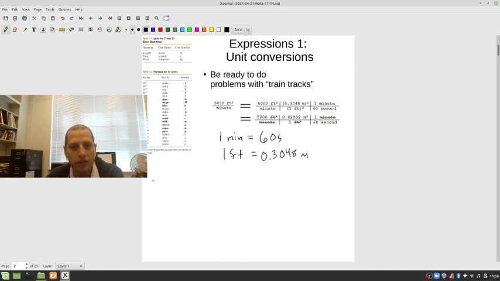I know I showed you this example earlier this semester, but it doesn't hurt us to see it once more. If we want to change the minutes into seconds, that's not going to take much effort, because 1 minute is the same as 60 seconds, and then the minutes cancels out on top and bottom.